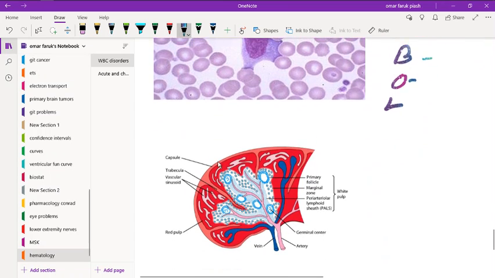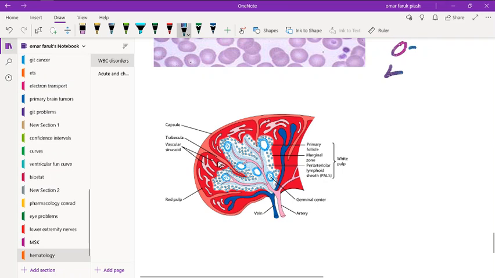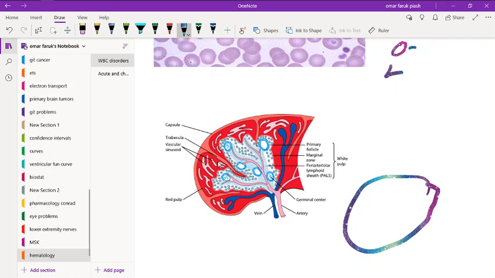And we know this is the picture. If we think about the histology of the spleen, there is cortex, there is paracortex, and there is medulla. In the cortex there remain B cells. In the paracortex there is T cell.